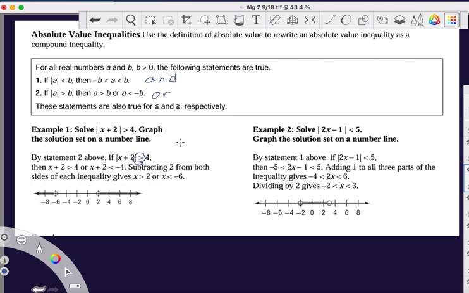When we create an or situation, oh my gosh, look at this guy right here. Why is it facing the wrong way? So when we have an or, and we're solving for the negative value or the opposite value, we have to change the inequality symbol. Oh my gosh, it's a rule.